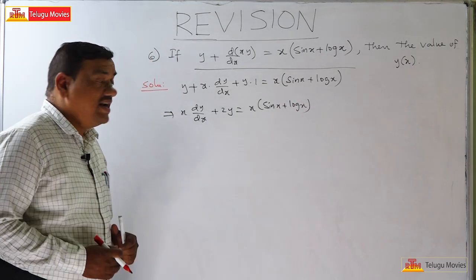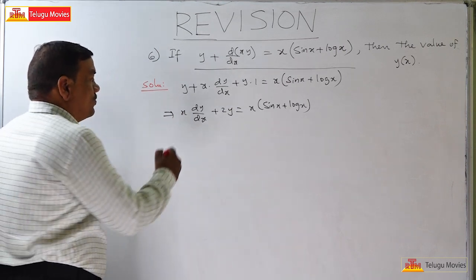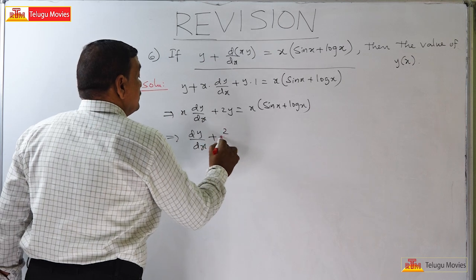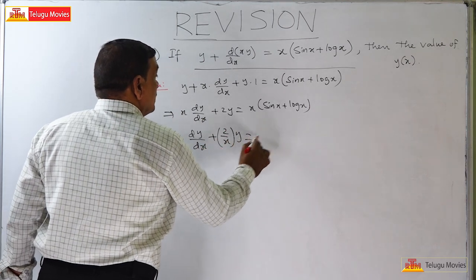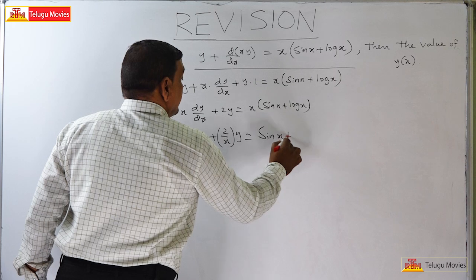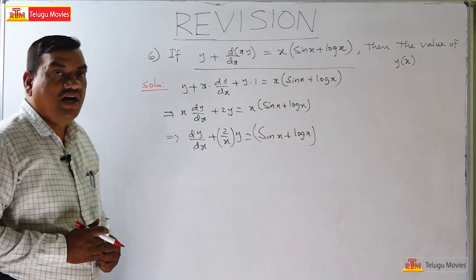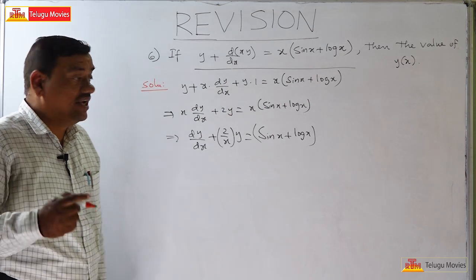Now divide this equation by x on both sides. So dy by dx plus 2 by x into y equals sin x plus log x. Clearly it is a linear differential equation.